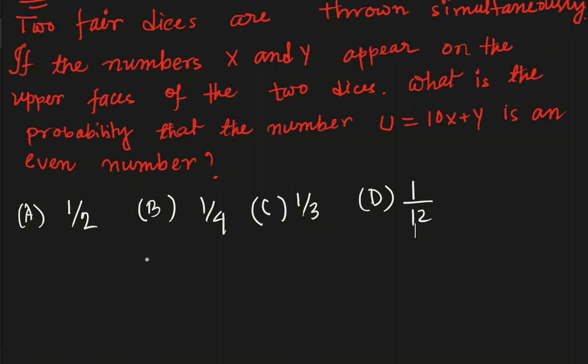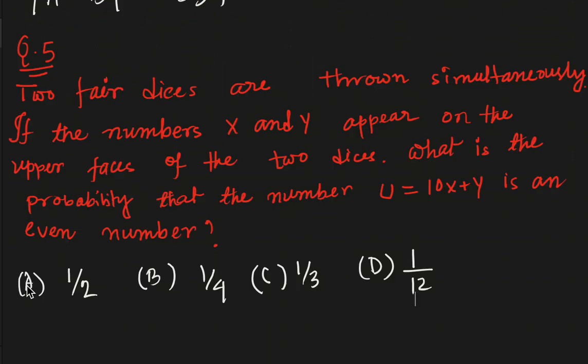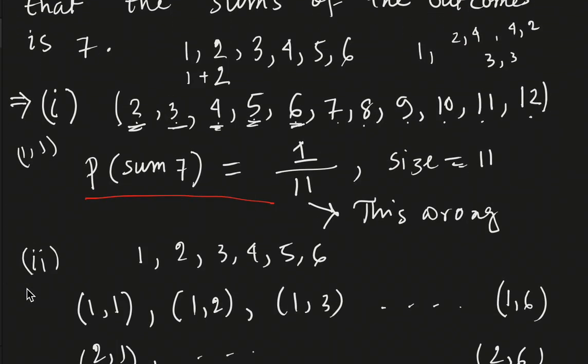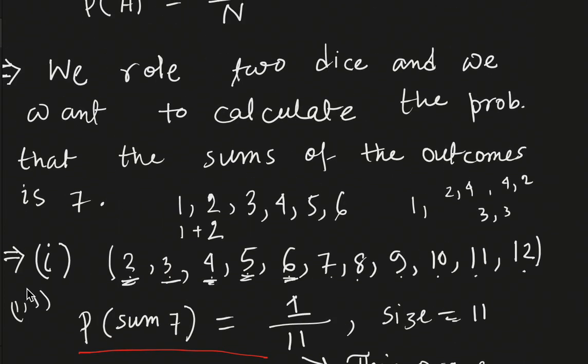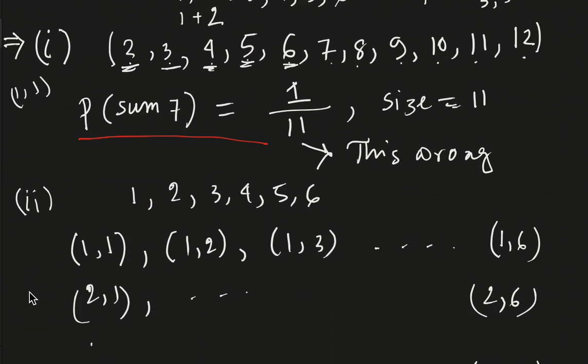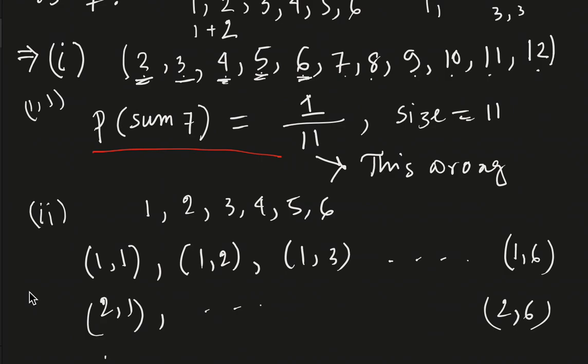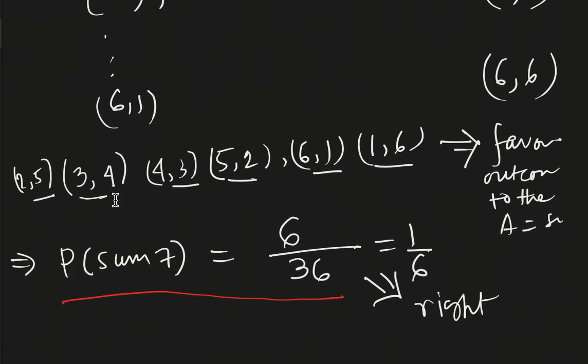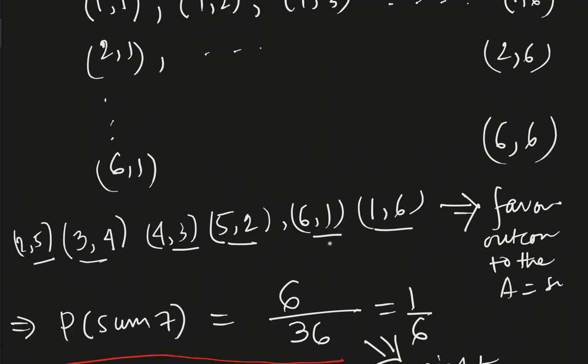From the first example, applying the definition of classical probability, how can one calculate the probability? We see how many equally likely events are possible. We get that 36 equally likely events are possible.